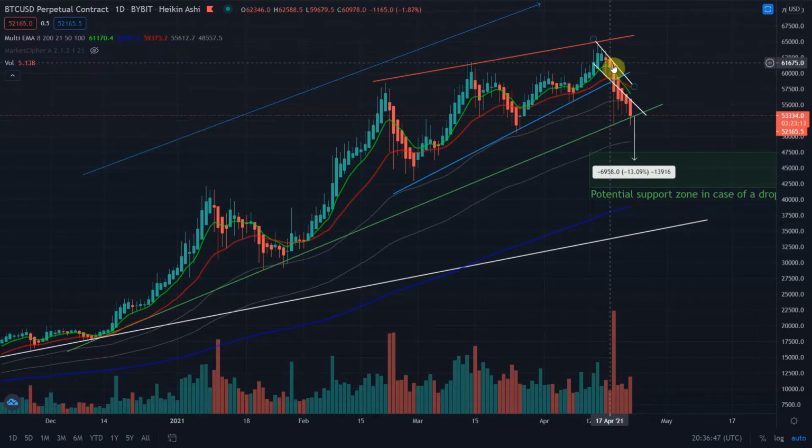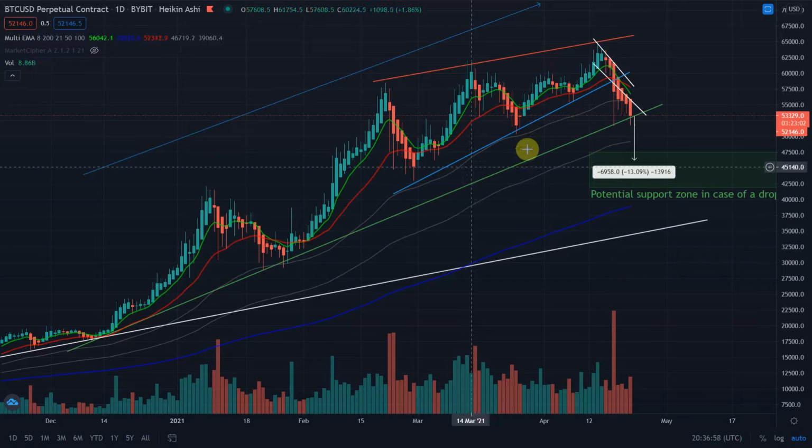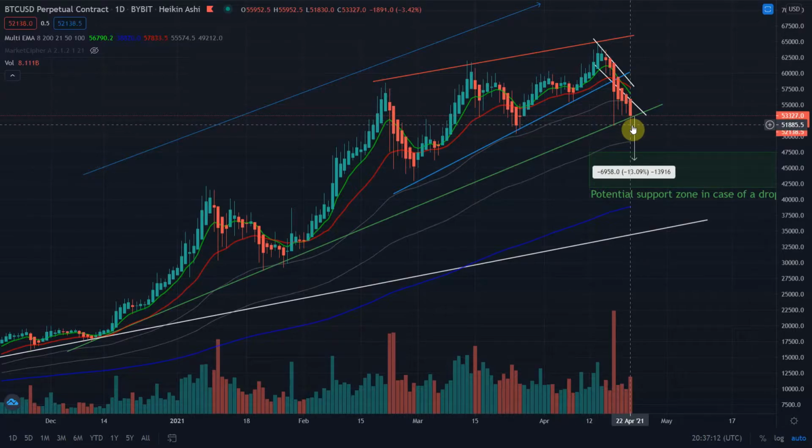And on Sunday, when we had that big flash crash, we did break below this blue line and came down, and we were exactly supported by this green line. So we have been holding here, and right now it looks like we may break through this. And if we break through this, what will happen? This is the question you may have in mind. Should I worry?